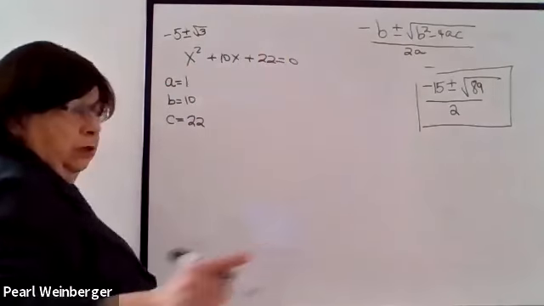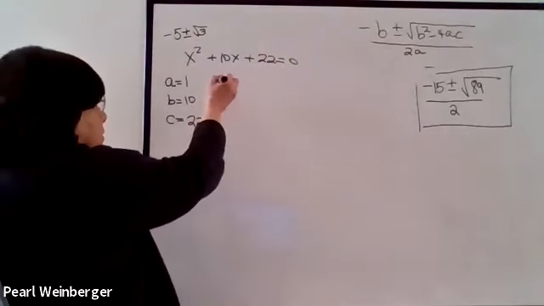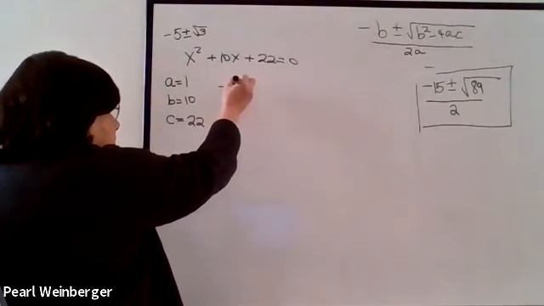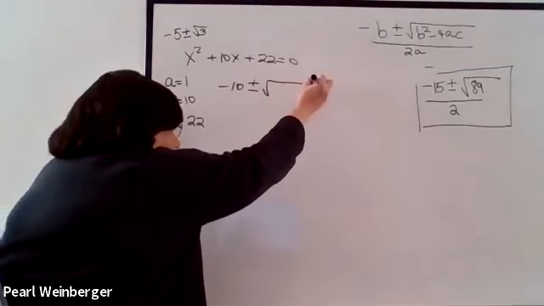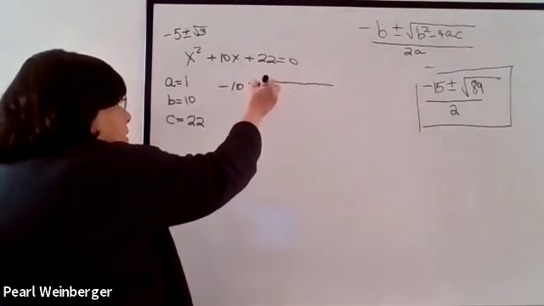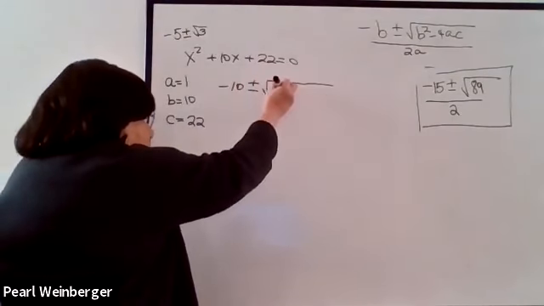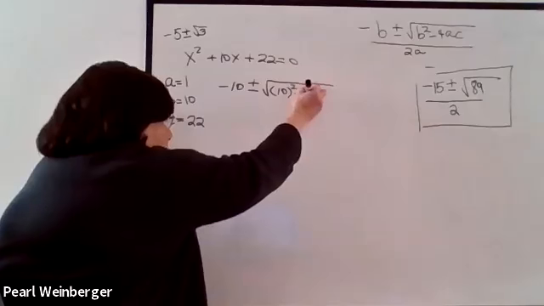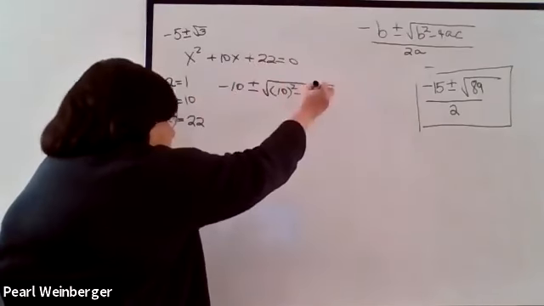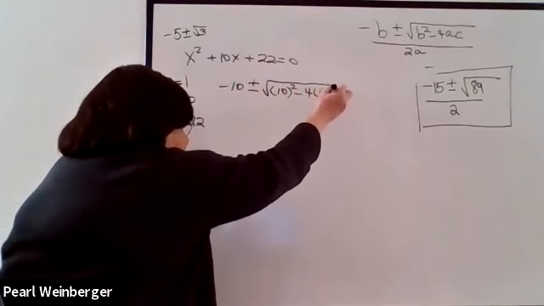Sticking in the formula, I have negative B, so that's -10, plus or minus the square root of 10 squared, because it's B squared, minus 4 times 1 times 22.